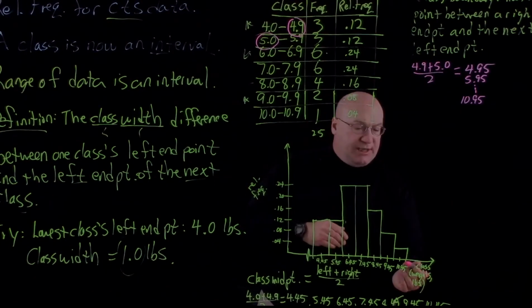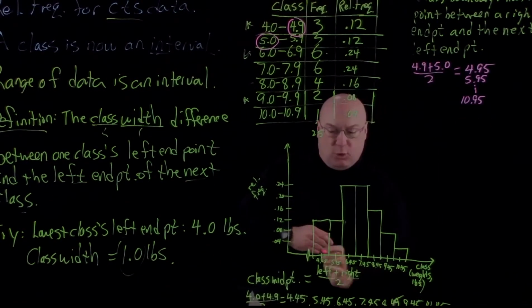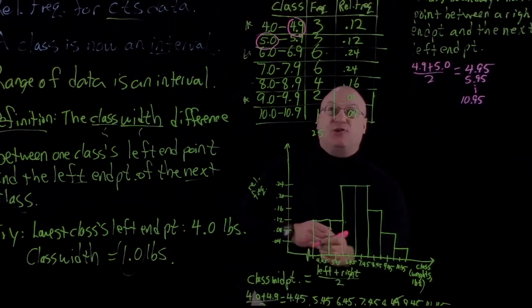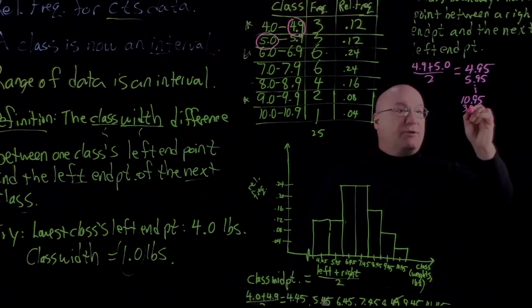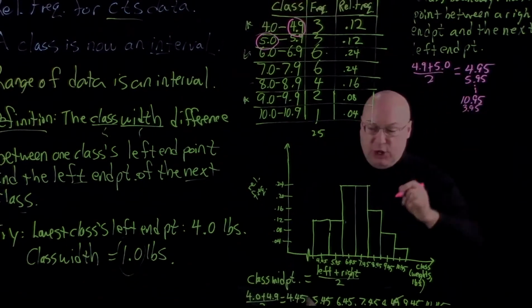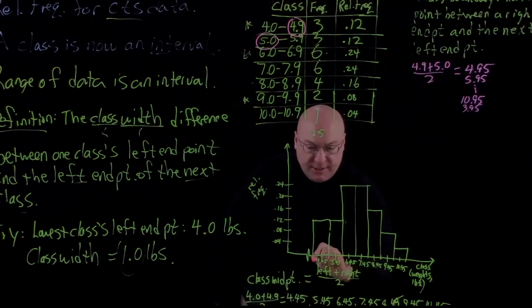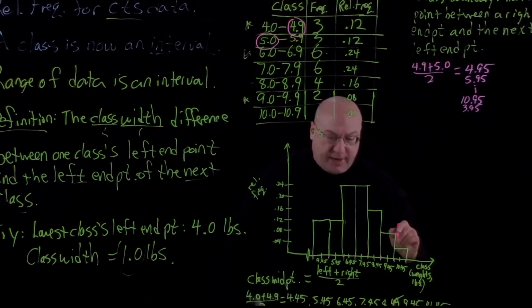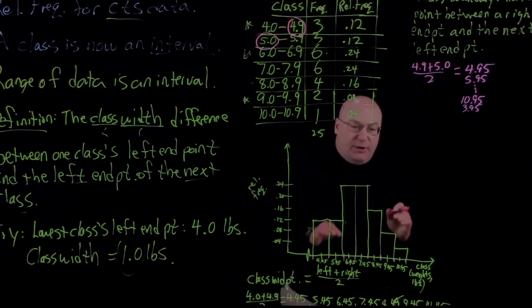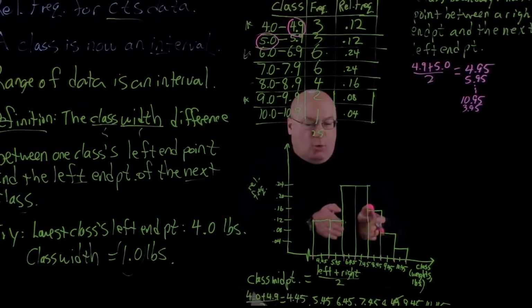So the one that extends over here is 10.95, and the one that extends back here is actually 3.95, right? And you could see, we could put all these in. I'm not going to put them in because the diagram gets way too crowded, okay? But I could label all those in, and that's how we know where the bars touch.